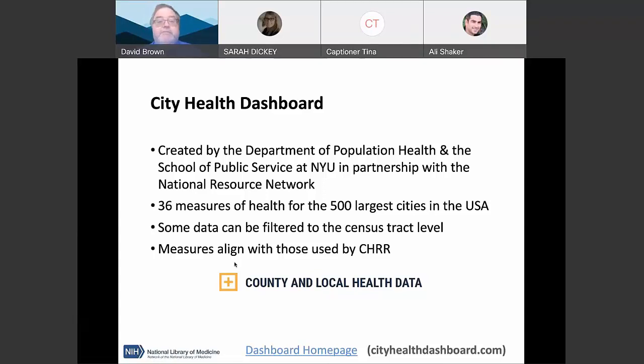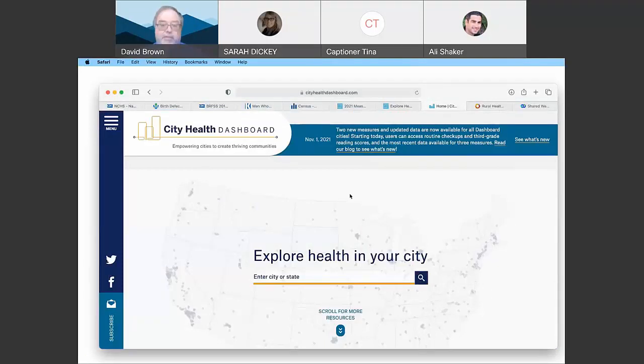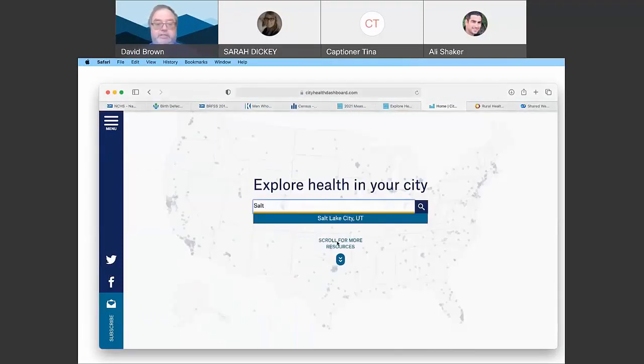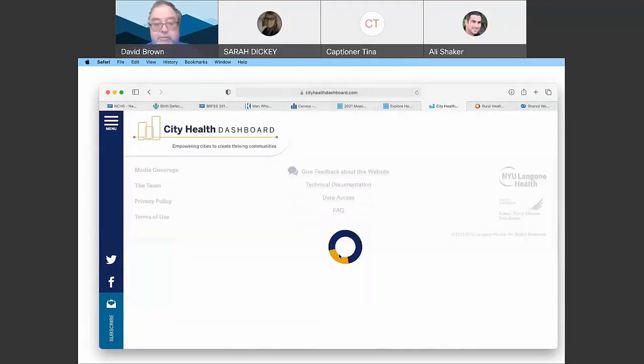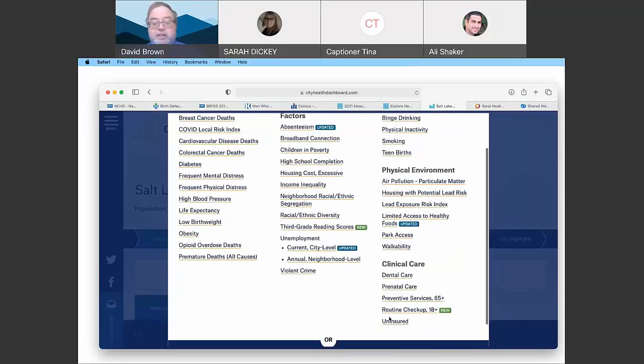You can find a lot of information. We can definitely go over there and share our City Health. So if we want to type in a city, Salt Lake City, Utah, where our NTO is based, you can pull up all sorts of health outcomes: breast cancer risk, COVID risk, obesity, what's going on with the health behaviors, what the physical environment is, what the clinical care looks like.